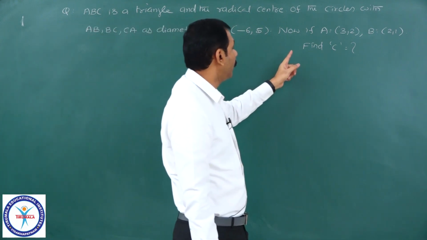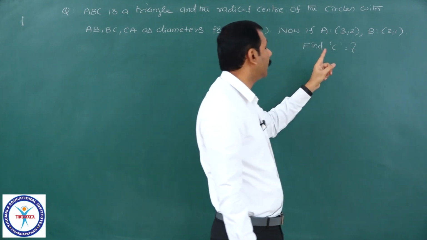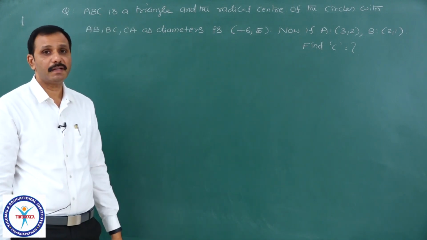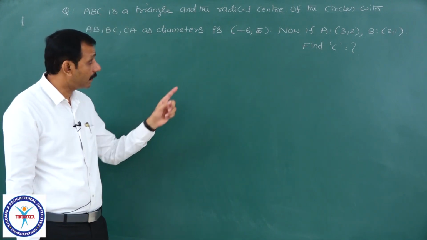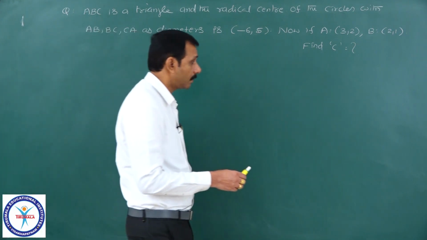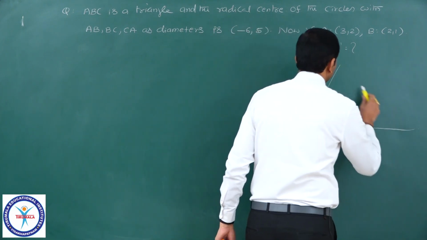And of course the coordinates of A are given as (3, 2), the coordinates of B are given as (2, 2), and I want the coordinates of C. Again, one more concept here. In straight lines coordinate geometry you might have practiced this. What is that concept? First I will explain. See here.